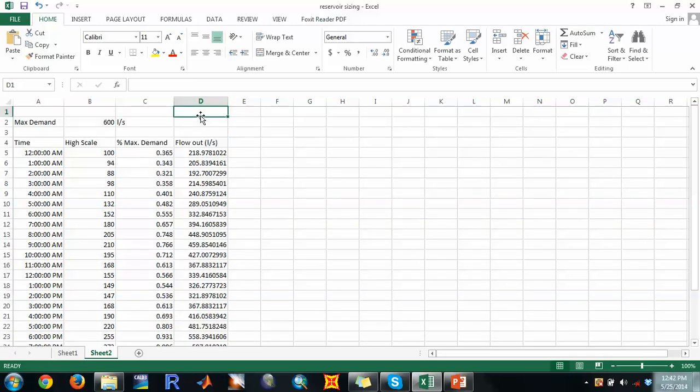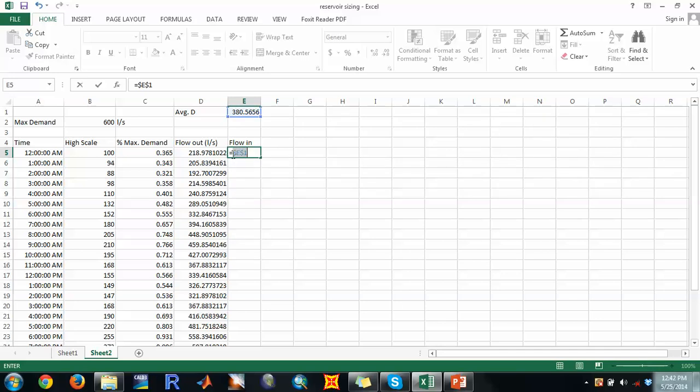So this is the average demand. So flow in should be equal to the average demand. So we have this value, and fix it with a dollar sign.